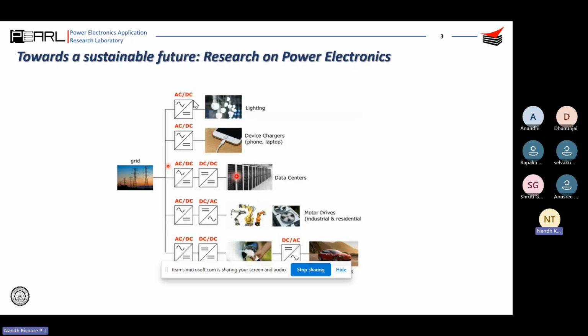So the heart of these converters, AC to DC or DC to AC converters, is basically a MOSFET or an IGBT. Okay, so based on how you modulate the devices, based on how you are going to switch the devices, you are able to get AC to DC conversion or vice versa, or even DC to DC conversion. So in this course, we will be dealing with the device level characteristics of those MOSFETs and IGBTs.